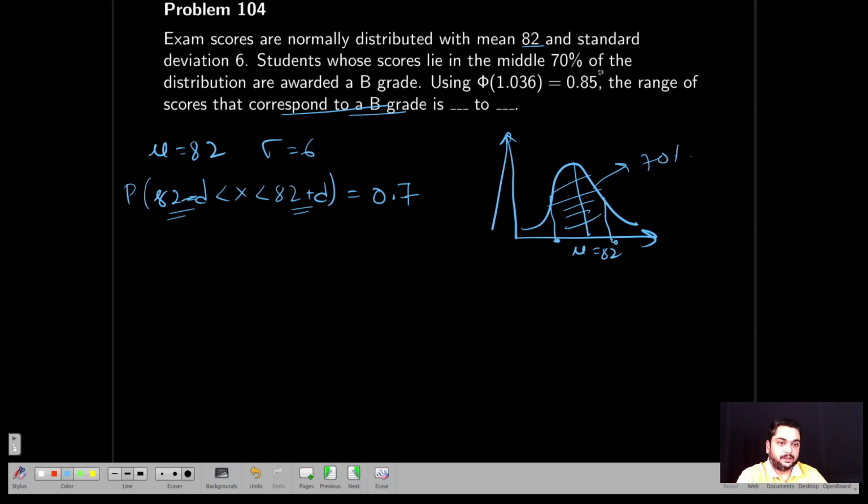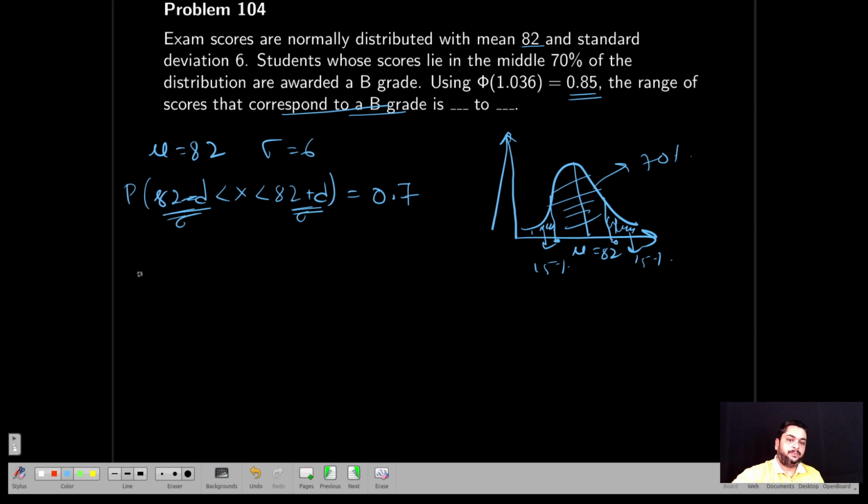Next, see again, they are given 0.85. If you observe here, this is the area; 70% means this is a 15% tail and this is a 15% tail. Again I have to convert it into P of Z less than or equal to that value. So how will you do this? Divide by sigma. What is the sigma value here? 6. We'll do it later.